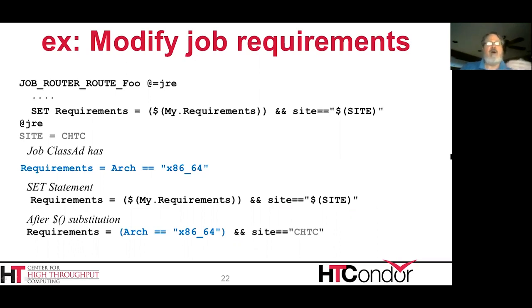So when a job being routed has requirements equals arch x64, once we apply the dollar substitution pass, that will then look like requirements equals arch equals x64, and then site, that will then get parsed by the class ad parser and turned into an assignment statement. This amending of requirements is something you just can't do in the old job transform syntax.